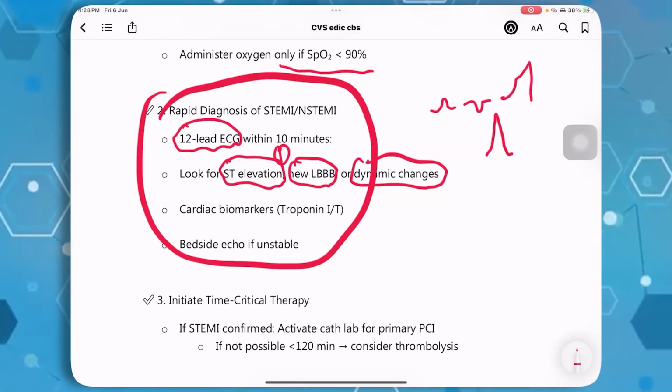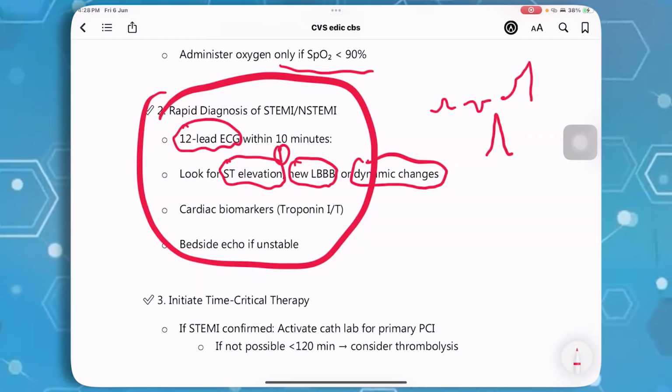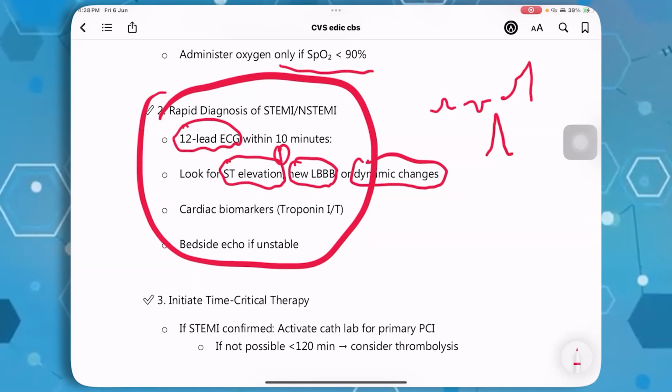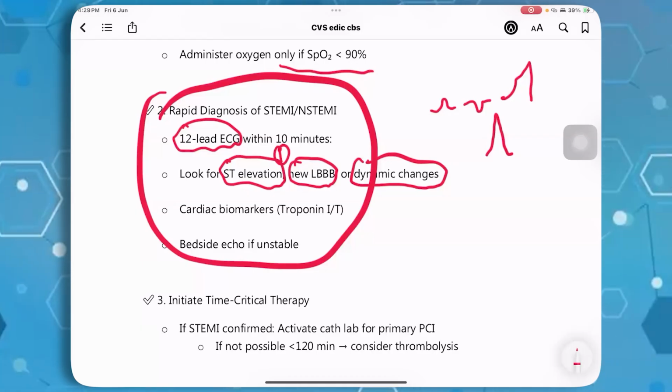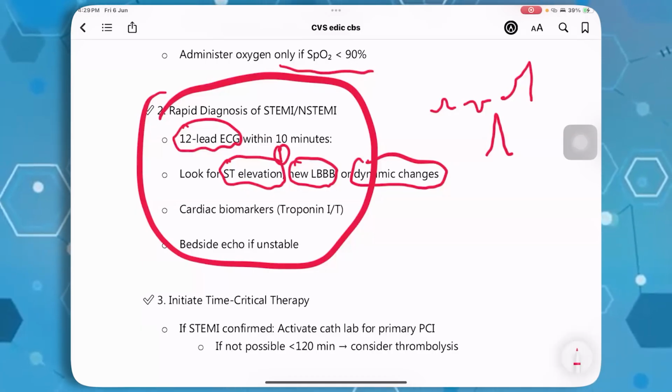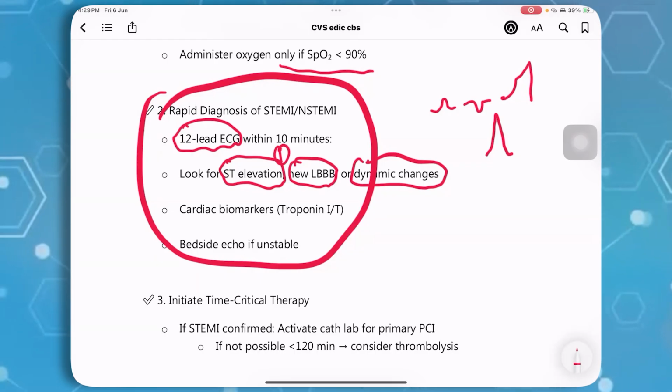So the chest pain has to be followed into an algorithm immediately after confirming your ABCs, you need to get the ECG done, the biomarkers done, and yes, the serial ECGs also have an importance. If something is not shown in the first ECG, repeat the ECG after 30 minutes if the chest pain is ongoing.